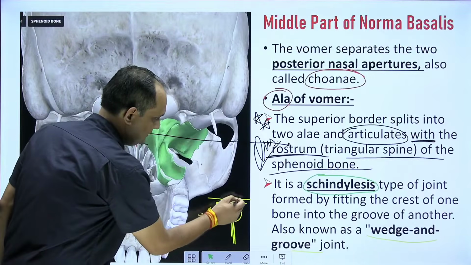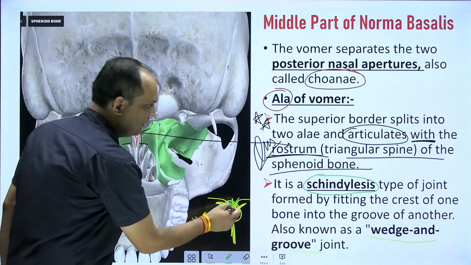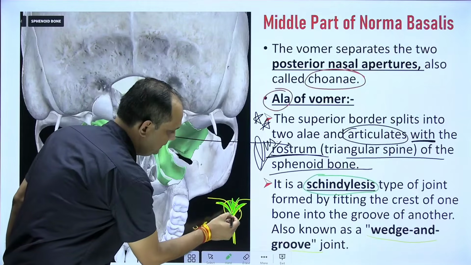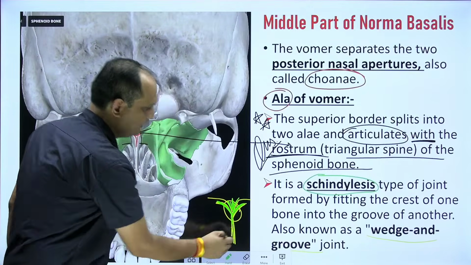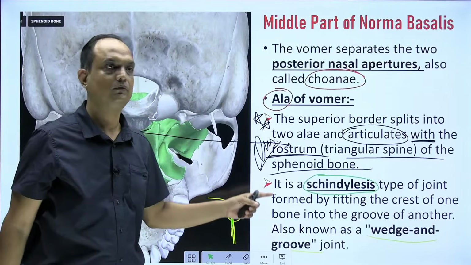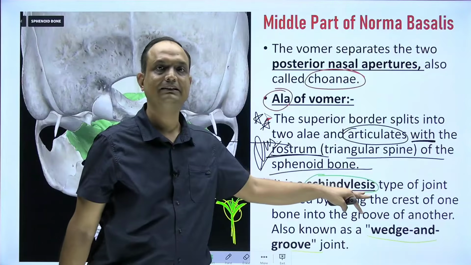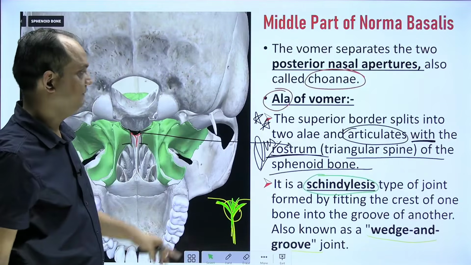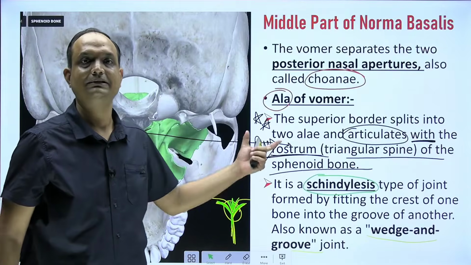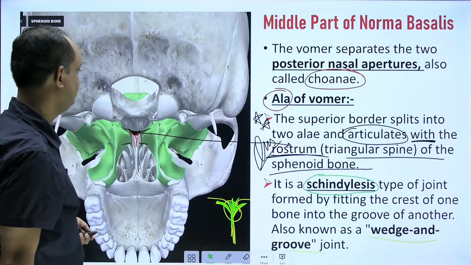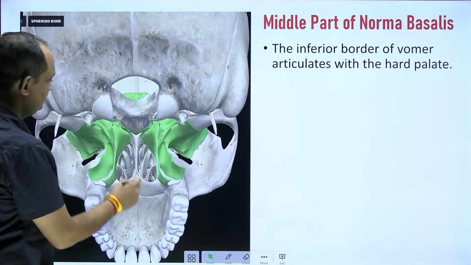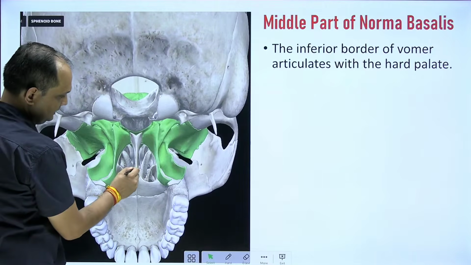This is the crest, which is part of the sphenoid bone, and this is the groove formed by the splitting of the ala of the vomer bone. Sometimes you get the question: what is the example of a schindylesis? The answer is the joint between the ala of the vomer and the rostrum of the sphenoid. Clear?